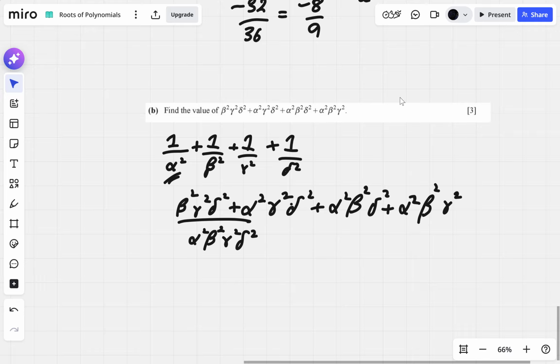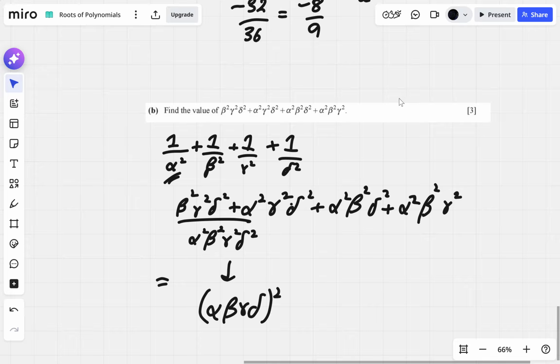And the denominator, that is pretty easy to figure out. I'll tell you how to do that in just a second. Let's write that down. So the denominator would just be alpha squared, beta squared, gamma squared, and delta squared. So this can just be written as alpha, beta, gamma, and delta whole squared.